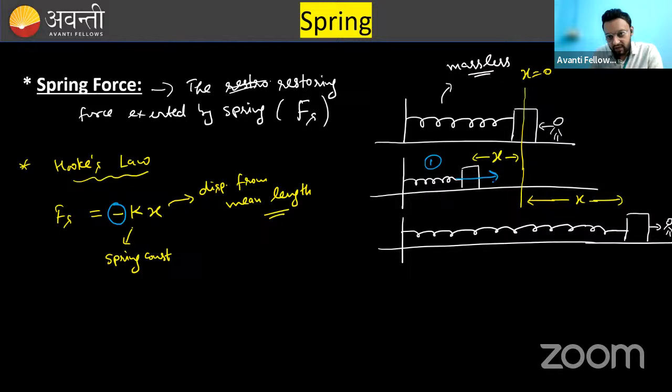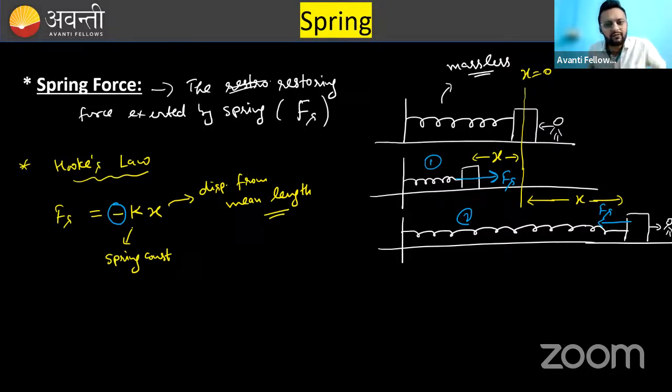It will exert a force outward, and this force is spring force, which is known as restoring force. Now in the second situation, spring is being elongated or stretched, so it will try to come back to its original position and it will exert force backward.